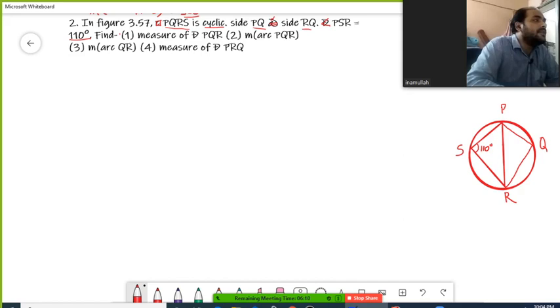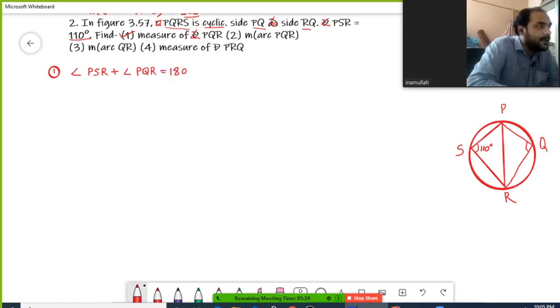Then we need to find the measure of angle PQR. PQR means this angle we need to calculate. So we can start this question as angle PSR, which is already given, plus angle PQR should be 180 degrees.